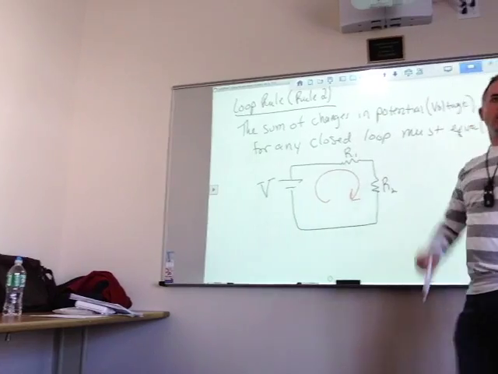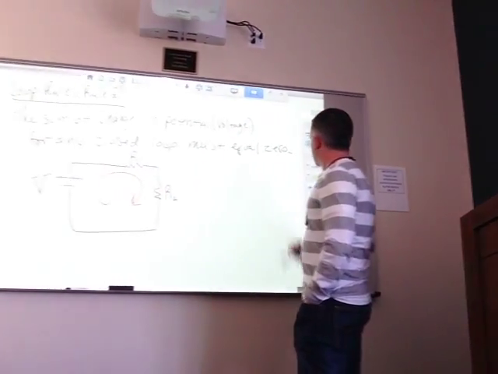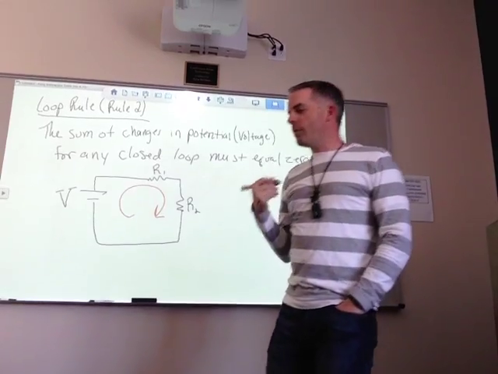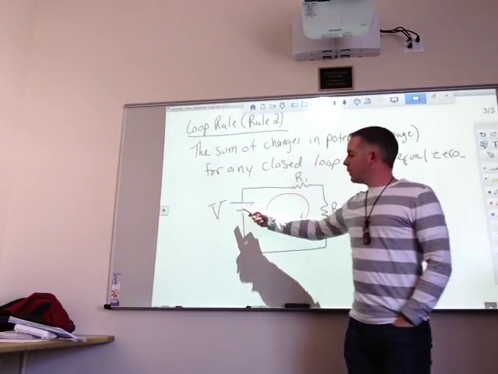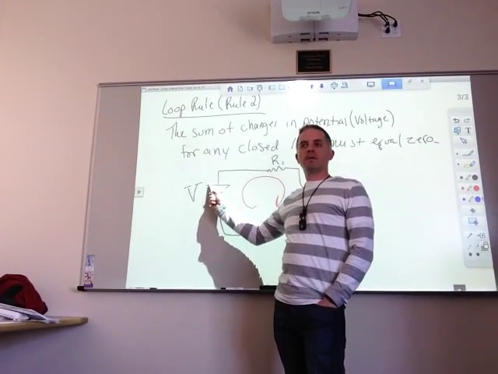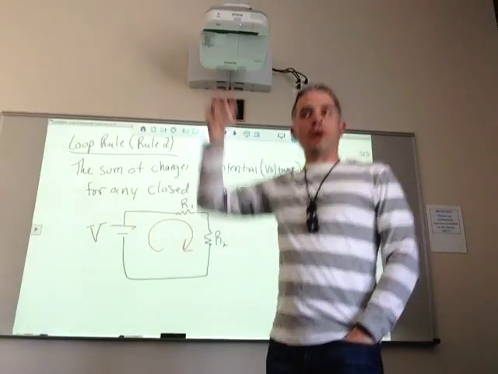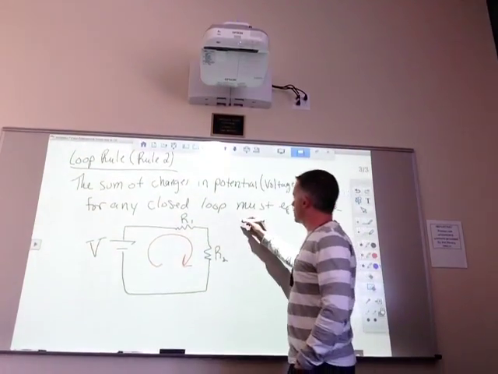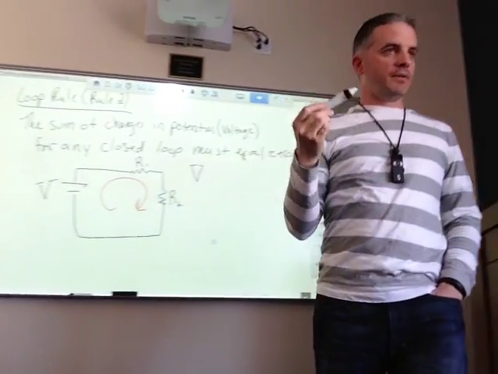This is the direction I'm going to go around the circuit in. So using the loop rule, I can come up with some information. If I start at the battery, what side of the battery is this? Positive, so it's going to add voltage. Because it's adding voltage, we're going to call it positive V.